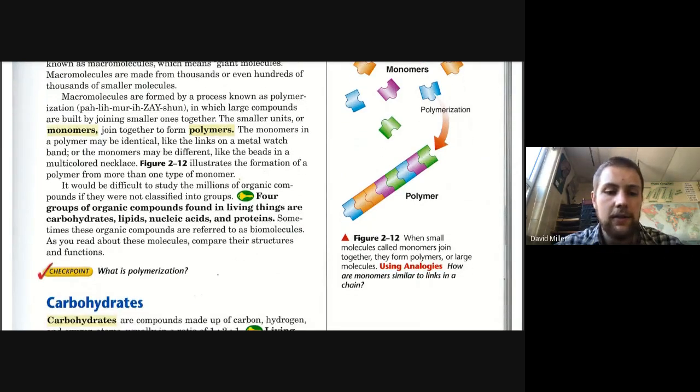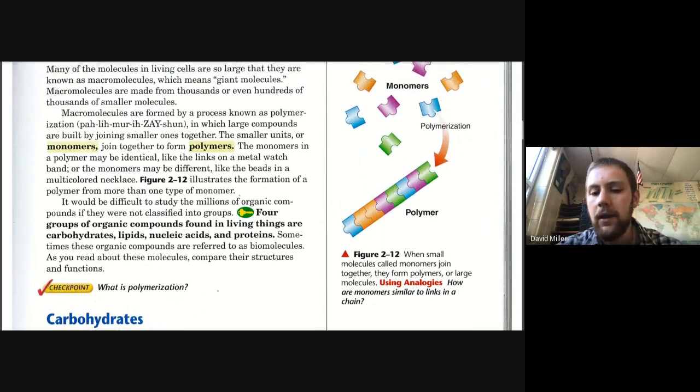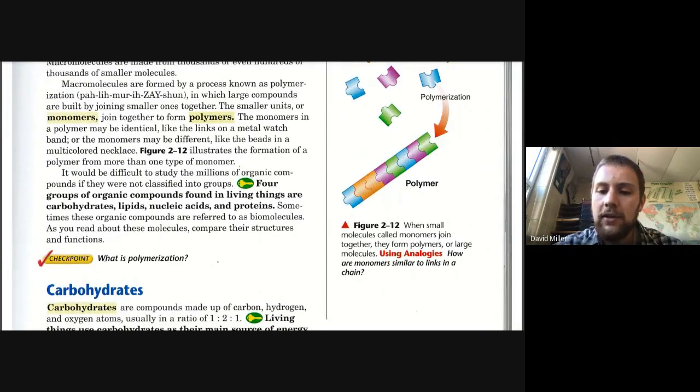It would be difficult to study the millions of organic compounds if they were not classified into groups. 4 groups of organic compounds found in living things are carbohydrates, lipids, nucleic acids, and proteins. Sometimes these organic compounds are referred to as biomolecules. As you read about these molecules, compare their structures and functions. Figure 2.12. When small molecules called monomers join together, they form polymers or large molecules.